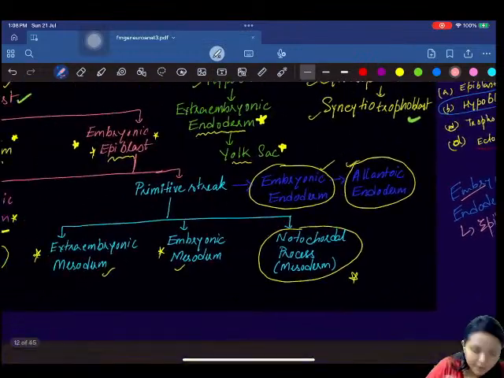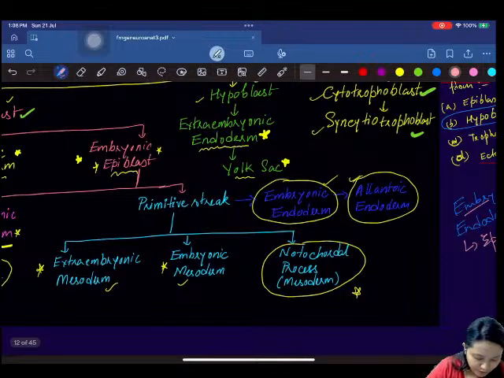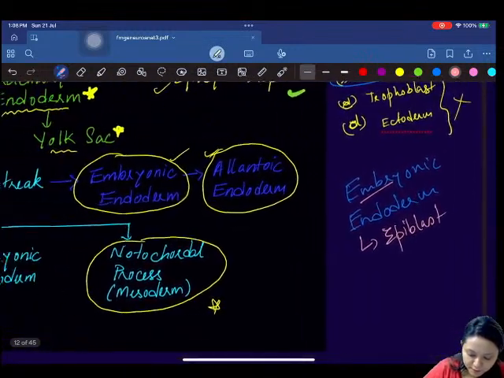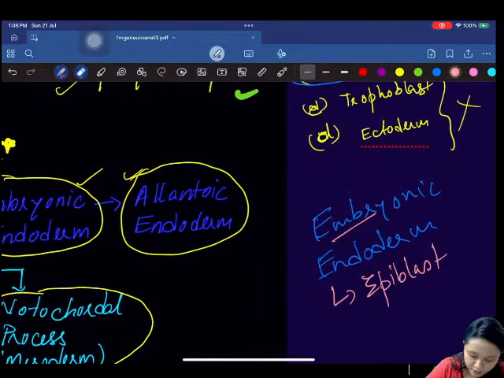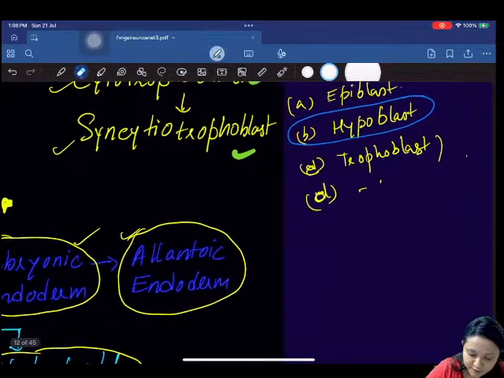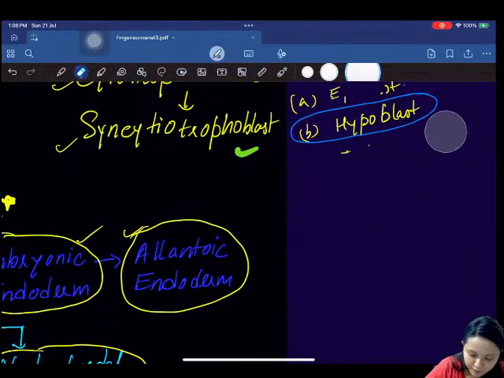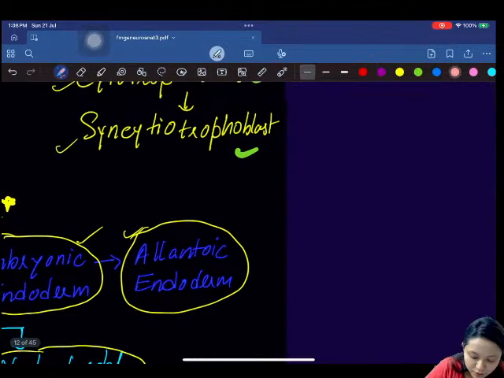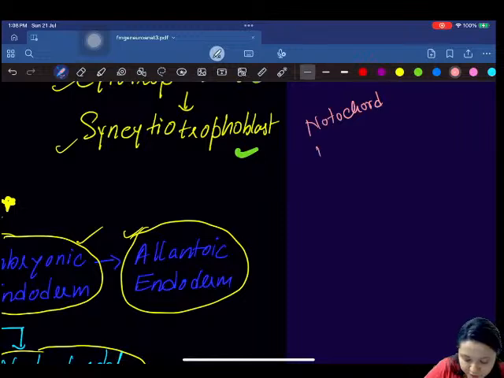Then you have the primitive streak, and then you have the mesoderm as well: extraembryonic mesoderm, embryonic mesoderm, and the notochordal process. Now in some books, in some questions, they have mentioned this as well. Let us discuss this doubt: notochord is derived from.